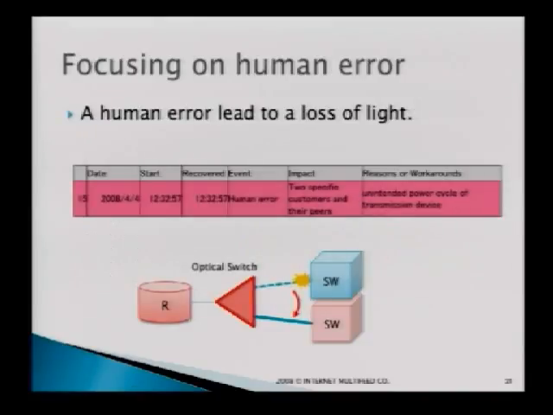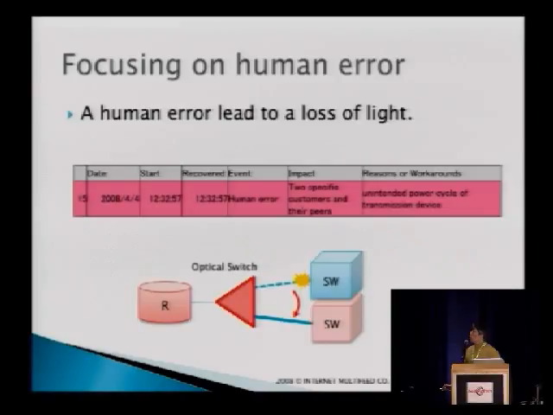And as I told, the optical switches are always watching the light from the Ethernet switches. Next, I would like to focus on the human error. In this case, we mistakenly powered off some transmission device.